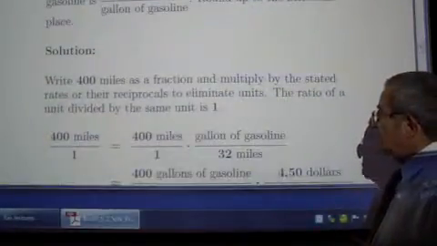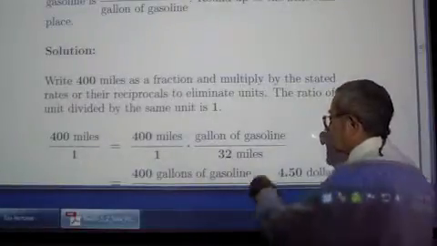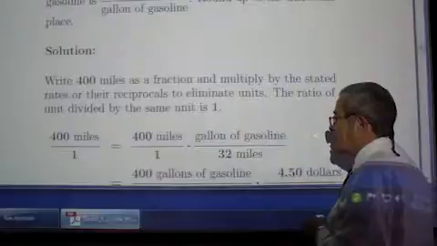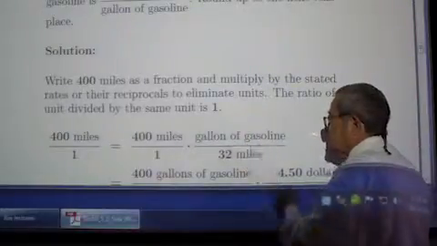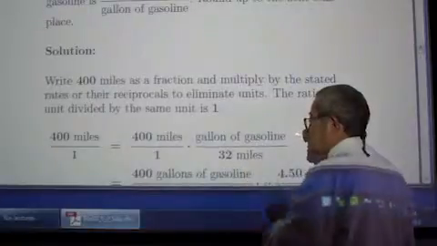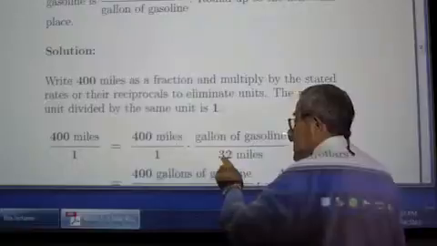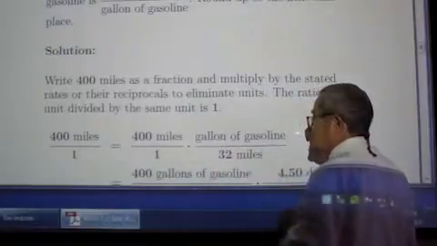So we have 400 miles over 1, and I'm given how to go from miles to gallons or gallons to mile. There were 32 miles per gallon. Miles are in the numerator, so here miles need to be in the denominator so that the miles drop out. And I'm left with 400 over 32 gallons of gasoline.